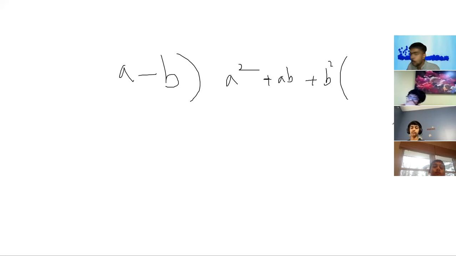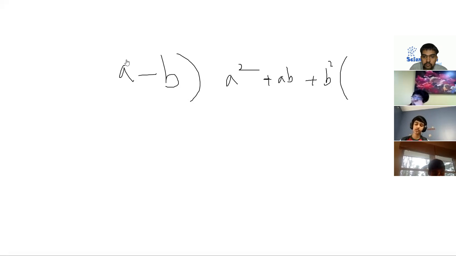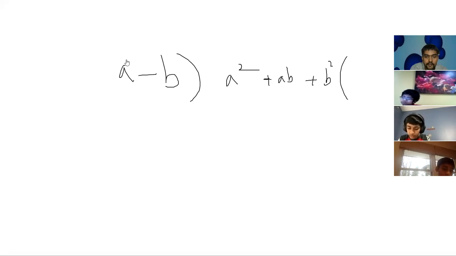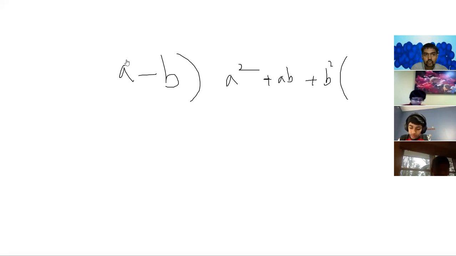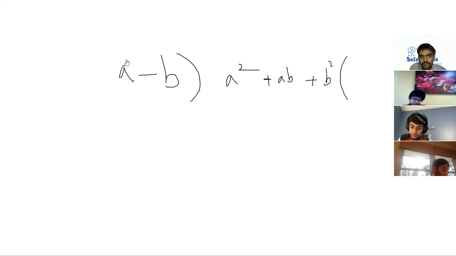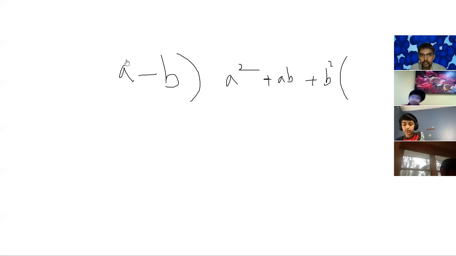Multiplied by minus BA, plus BA, plus 2AB, plus B squared, multiplied by 2B, multiplied by 2B minus 2BQ.